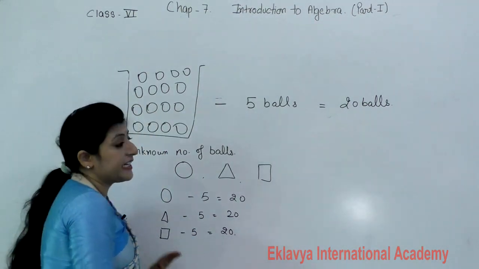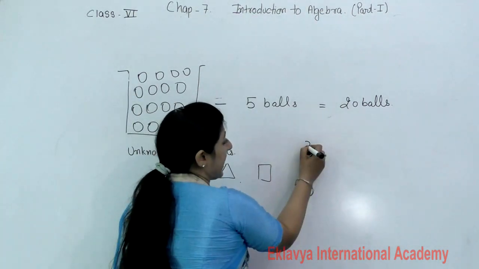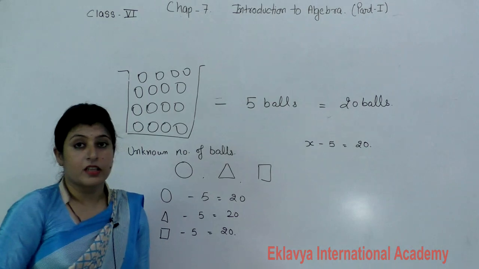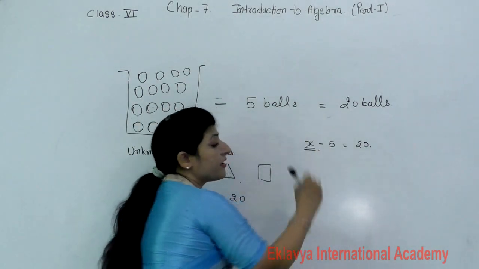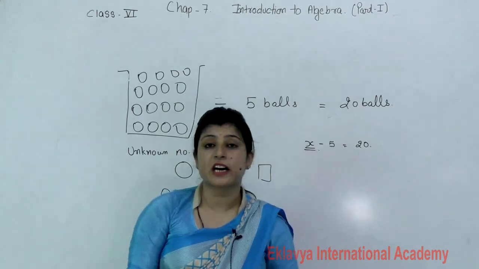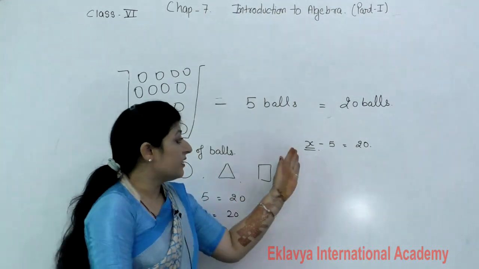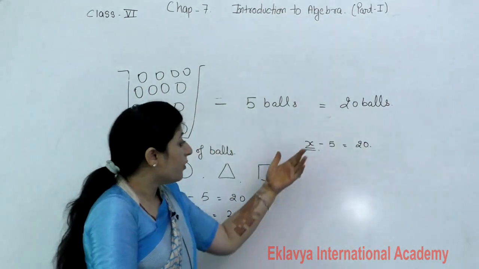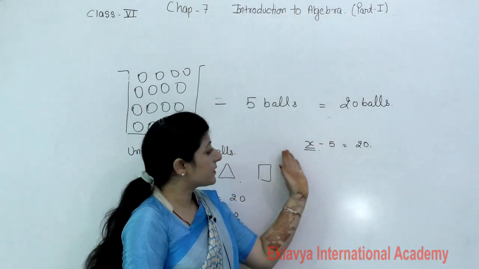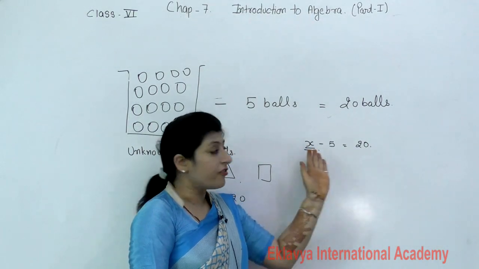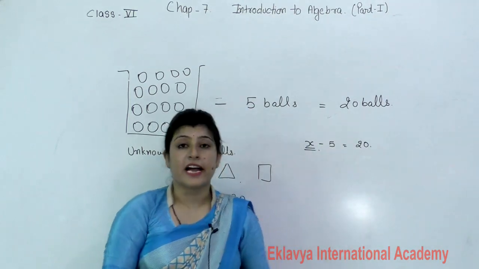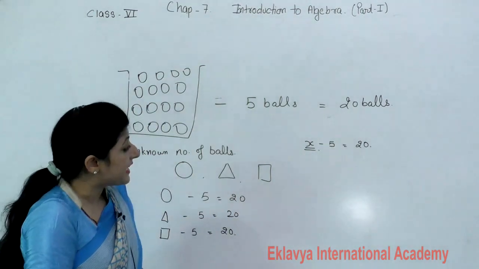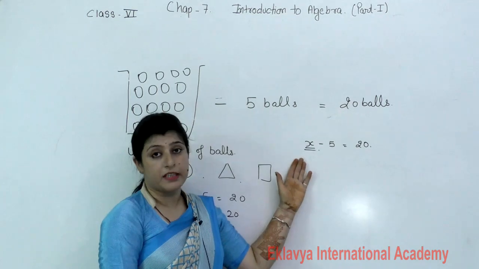So we can take any letter here. So we can represent x minus 5 is equal to 20. So this is basically the part of algebra, that we are using variables here, and variables are represented by letters. So according to this equation, now this becomes an equation, or expression, and we can find out the value of x. So for easy representation, we use the variable here.